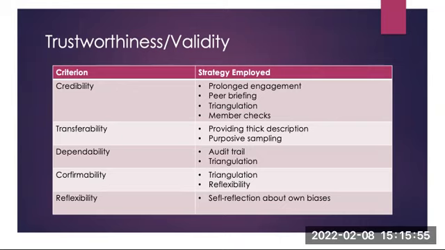Another technique is purposive sampling, ensuring that a specific type of knowledgeable people should be part of the sample. Dependability involves evaluation of the findings, interpretation and recommendations of the study, such that they are supported by the data.